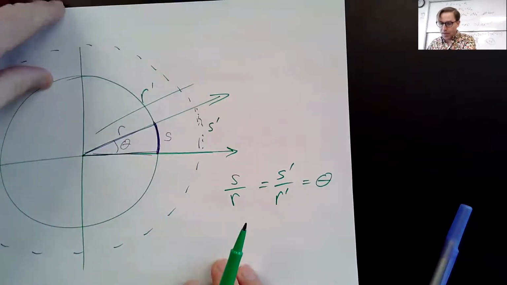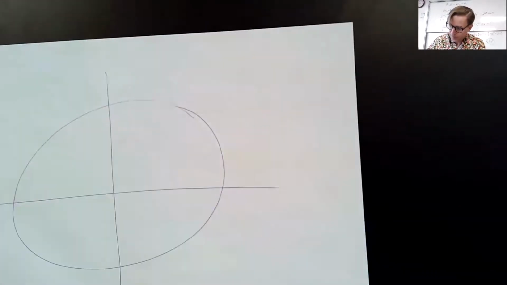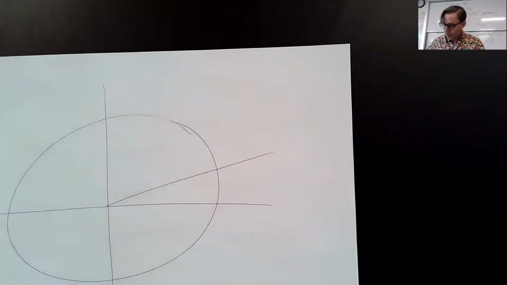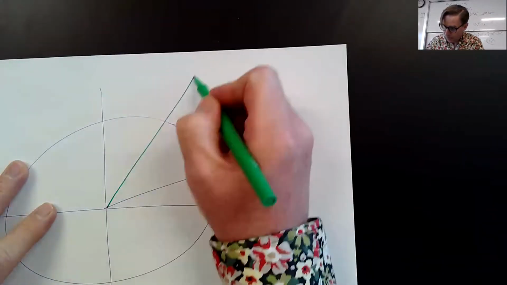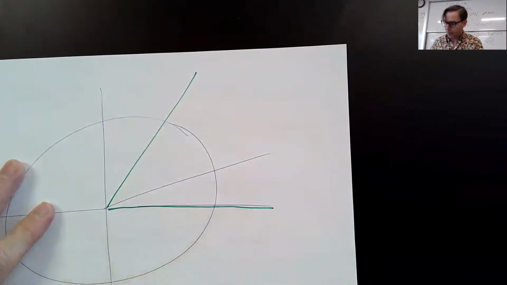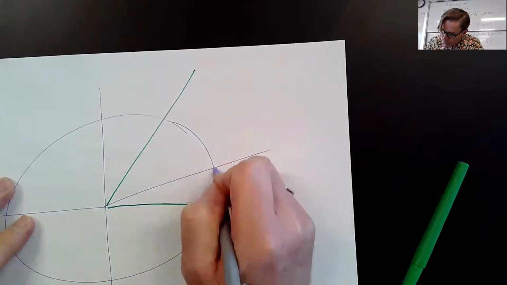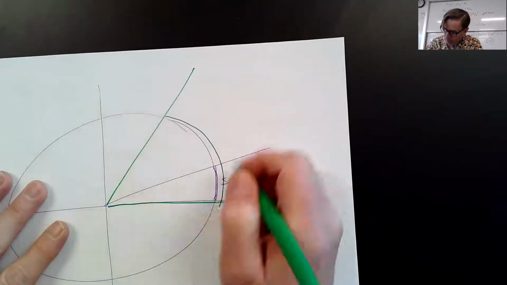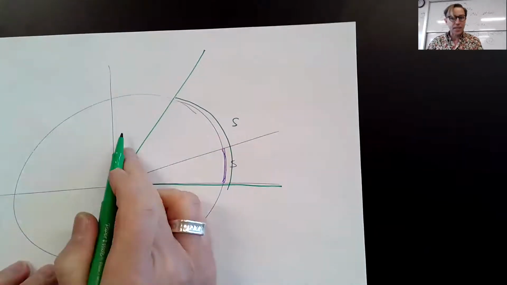So another way of drawing that would be, I could draw my circle, and I could draw a small angle like that, or I could draw a bigger angle like that. And so this would be S for my small angle, and this would be S for my big angle. R is the same.